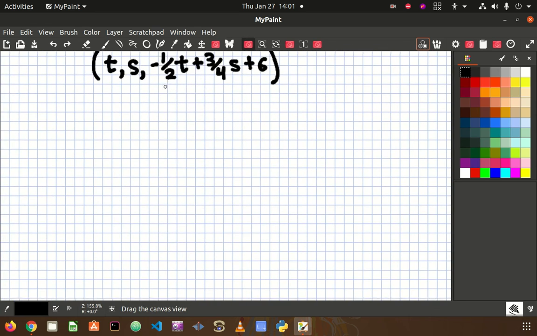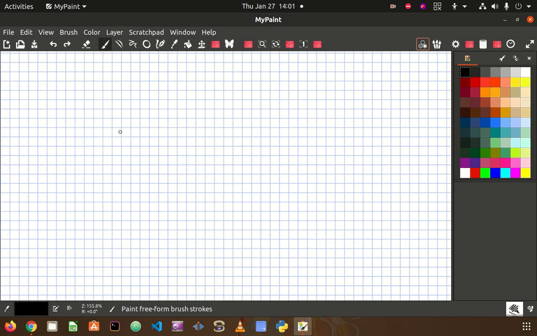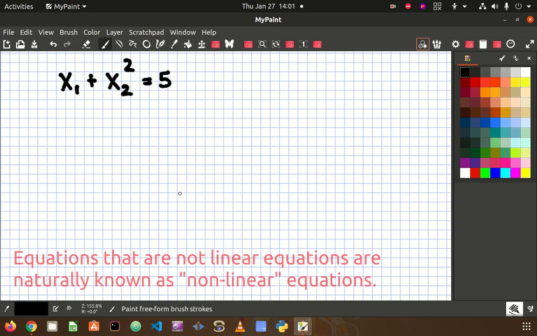All right, well, what would be an example of something that's not a linear equation? x1 plus x2 squared equals 5. That's not a linear equation. x1 minus 3 sine of x2 equals 7. You can't have a power, and you can't take a trig function.